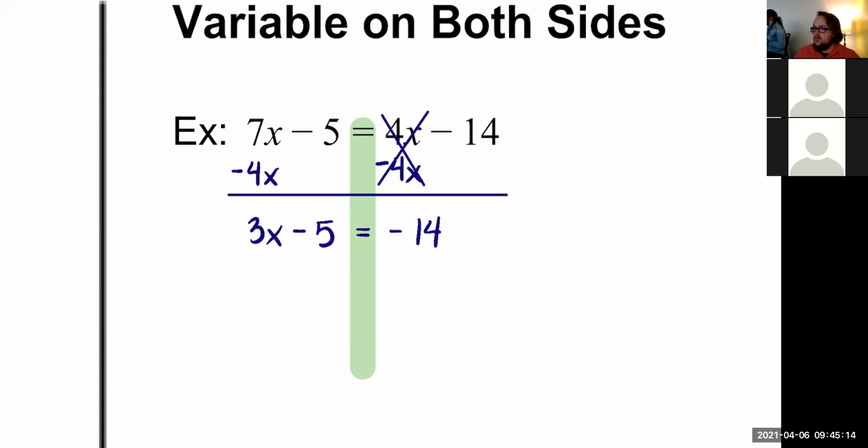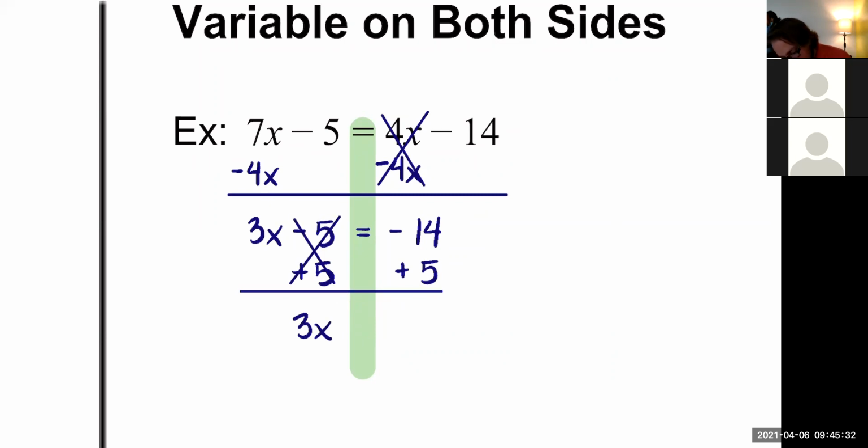And then we've been here before. Now we just got to get that variable by itself. What's next? Add 5 to both sides. So the 3x is going to fall on down. -5 plus 5 is 0, which disappears. Equal falls on down. -14 plus 5, I believe, gives us a -9.